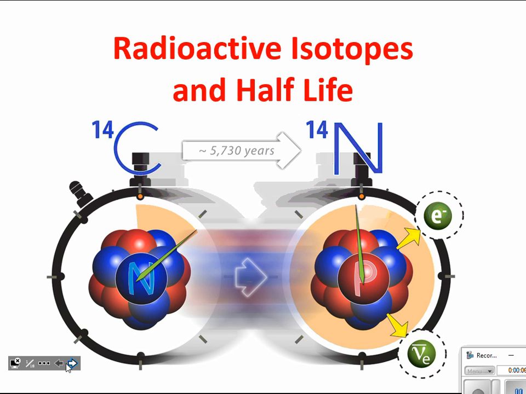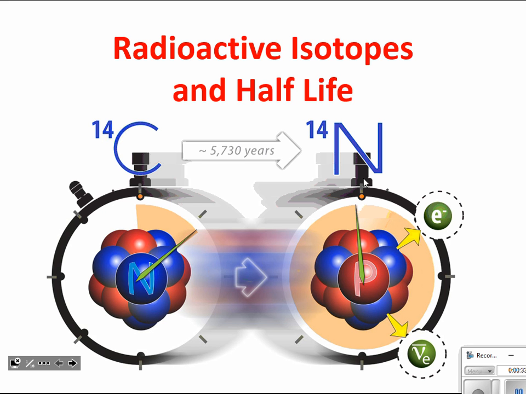Okay, as we look here, radioactive isotopes and half-life. So we're going to be talking about some half-life material today. And as you can see up here, by the image that we have here, this looks like carbon-14 is changing into nitrogen-14.